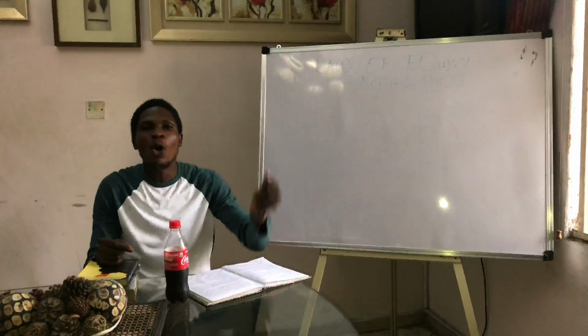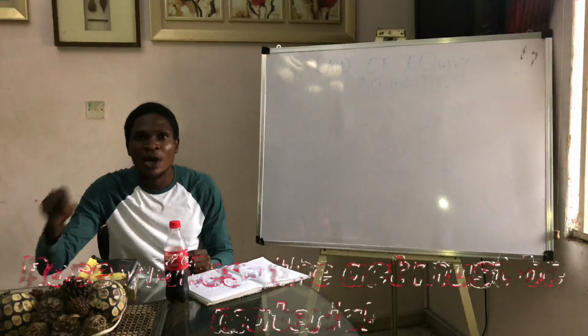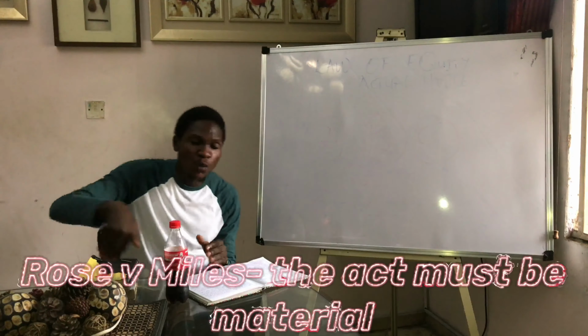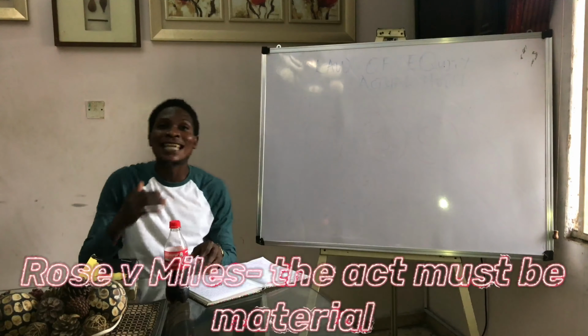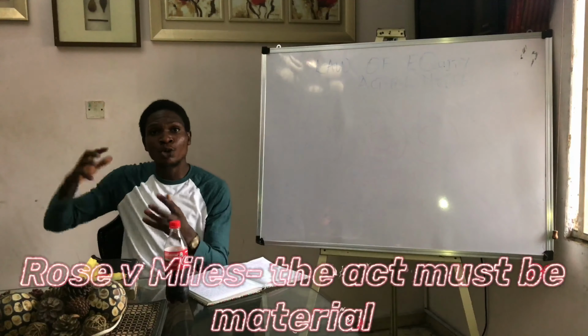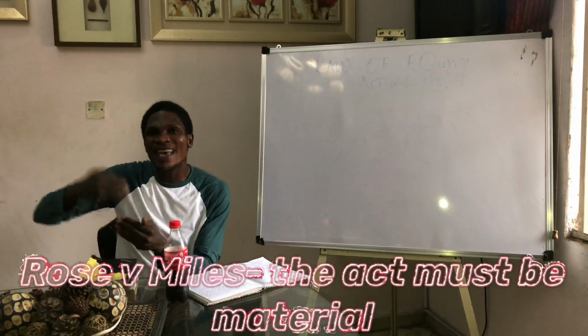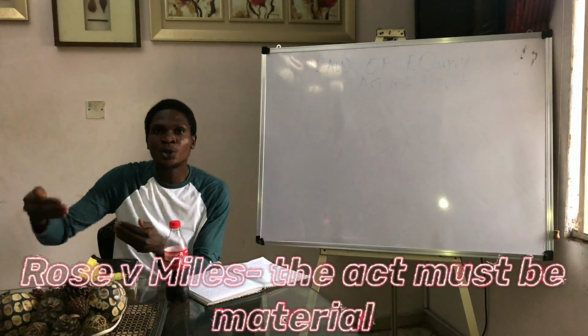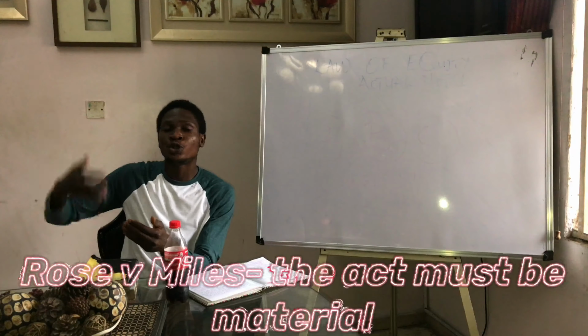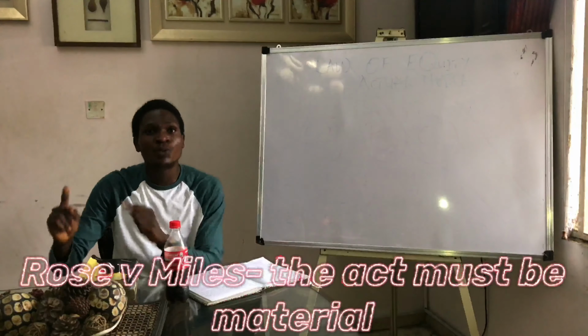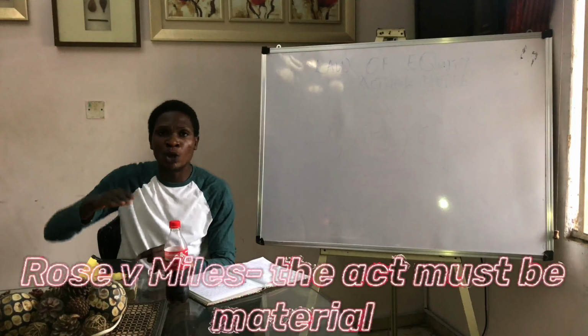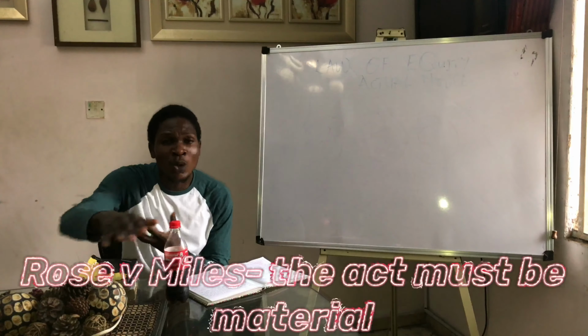That is the case of Rose versus Miles, where the waterway was blocked, and the plaintiff who was carrying load on his boat had to take the load down and had to spend extra costs, do you understand, to transport the load to its destination. That cost which you wouldn't have spent if you were using the waterway.